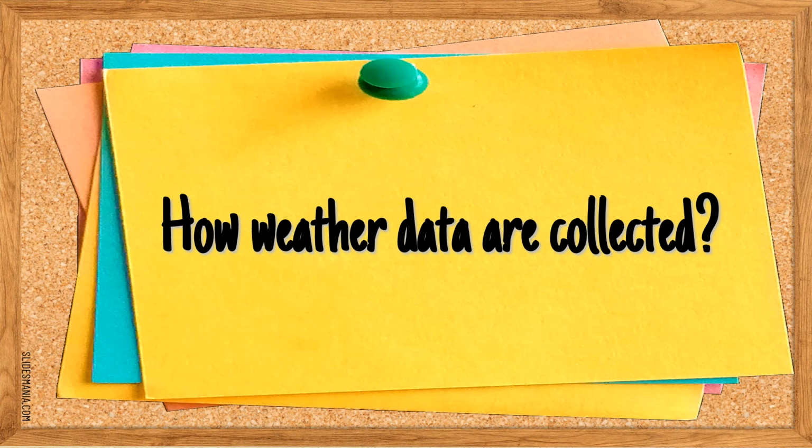We know the predictors, but how do you think we can collect the data from these predictors? How can we know what the temperature is? So how is weather data collected? If meteorologists knew more about how the atmosphere functions, they would be able to make more accurate forecasts from day to day or even from week to week.